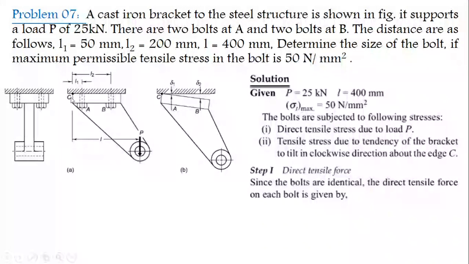Because of the load, this structure will rotate or tilt about the point C. So L1 equal to 50 millimeter is the distance from the tilting point to the center of bolt A. L2 is the distance from the tilting point to the center of the bolt at B. L equal to 400 millimeter is the distance to the center of gravity of this arrangement.